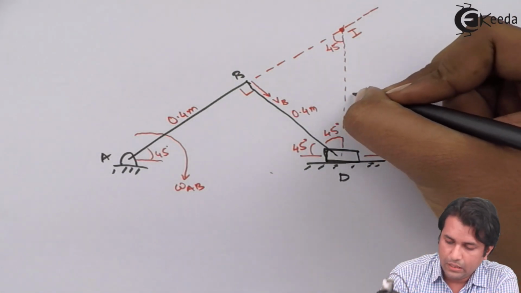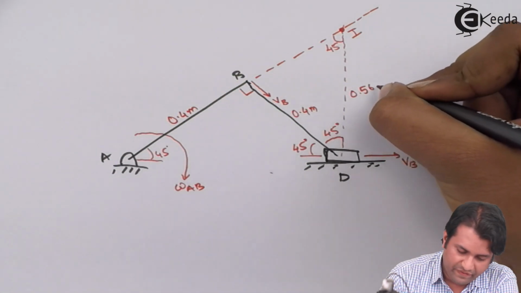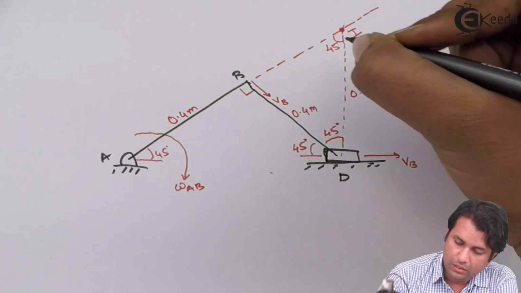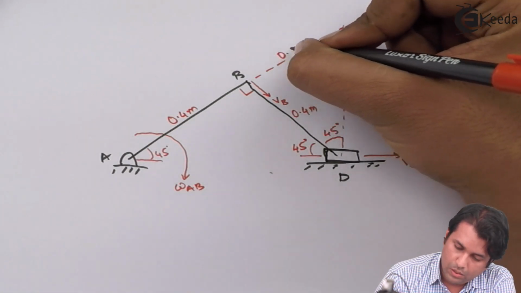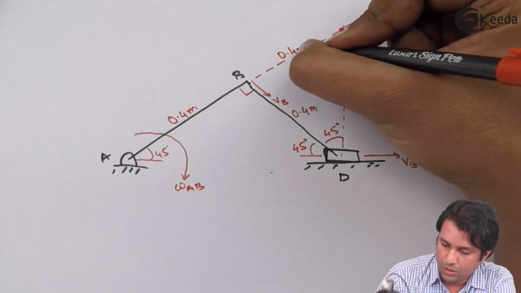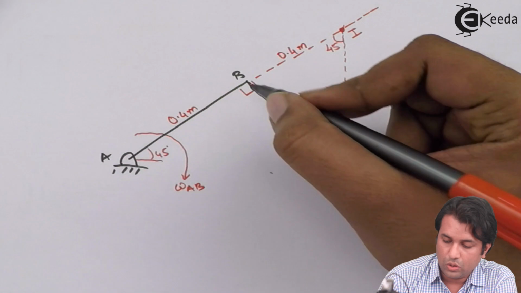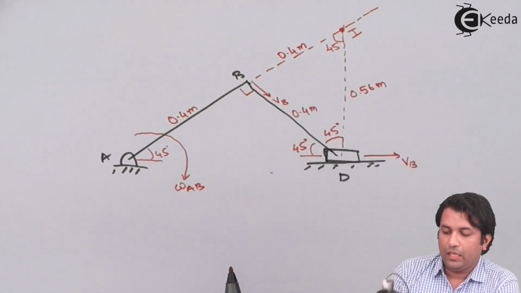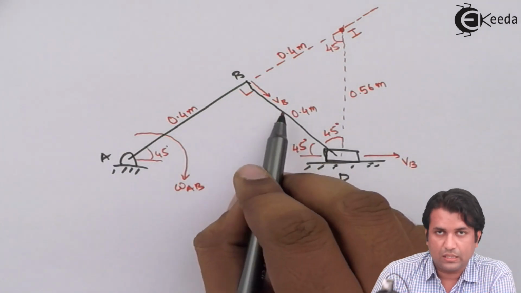So ID happens to be 0.56 meters, IB will be 0.4 meters. Okay, this length is also 0.4 meters for me.